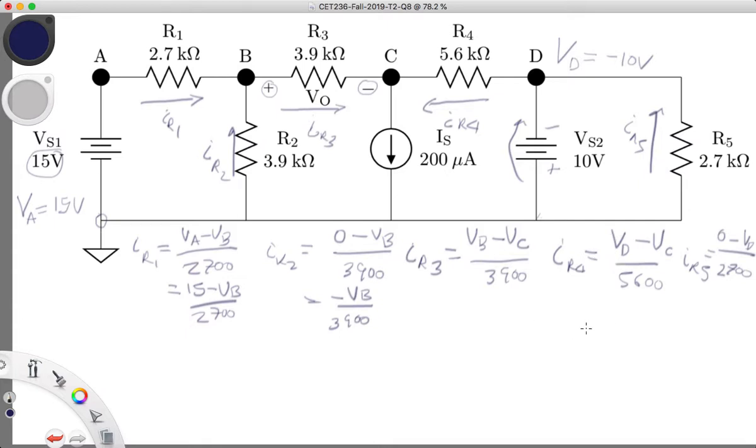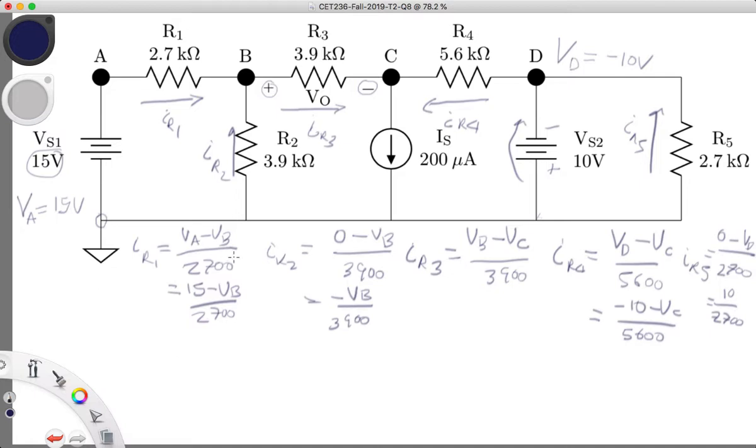That one is, VD is minus 10, so it's minus 10 minus VC on 5600. And IR5 is minus VD on 2700, which is minus 10 on 2700, so that's just 10 on 2700.